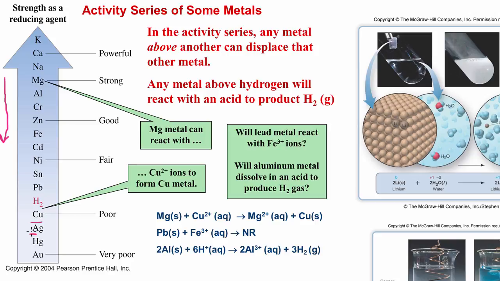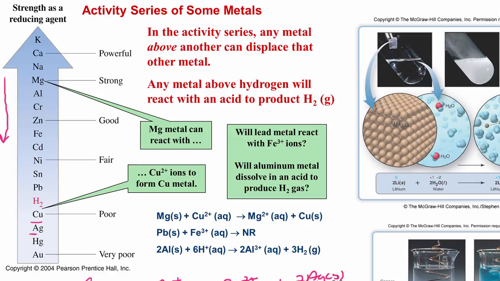We can write the equation like so. We have solid copper plus silver ions, aqueous, to give us copper 2 ion plus solid silver. So copper metal is oxidized by silver ions.